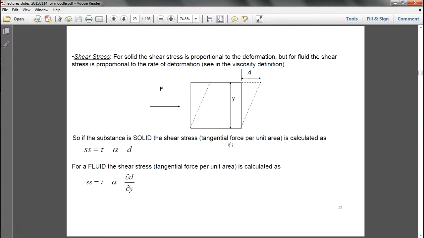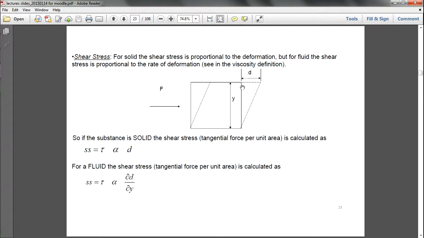And then for shear stress, I don't want to derive the shear stress and strain formula, but just to show you the relationship: shear stress is equal to tau, which is affected by the area, not shown here, and d is the deformation distance, which has to do with the strain itself.